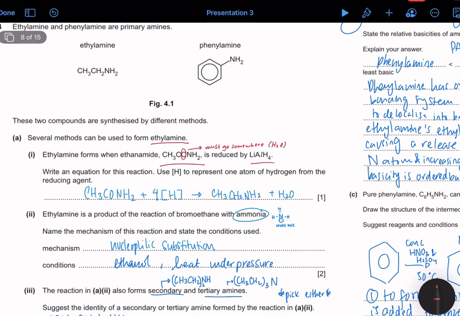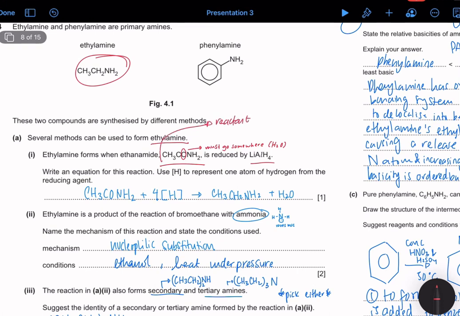Ethylamine forms when ethanamide is reduced by LiAlH4. Write an equation for this reaction and use H to represent one atom of hydrogen from the reducing agent. This is your final product and this is your reactant.